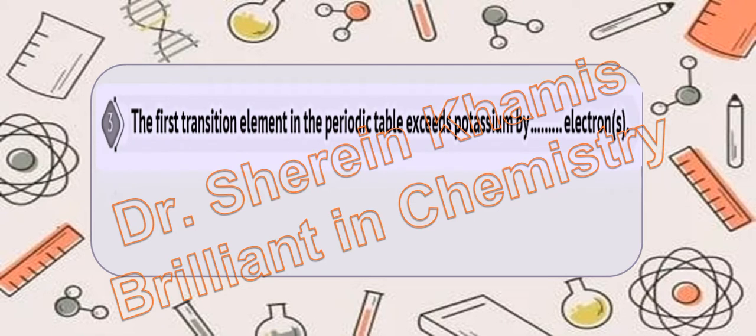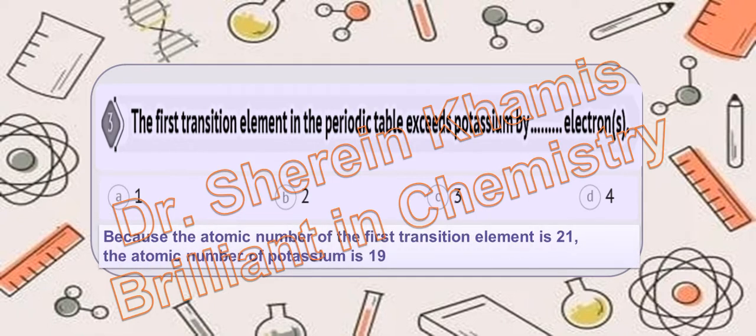Question 3 says: the first transition element in the periodic table exceeds potassium by, and potassium is an element with atomic number 19. Let's discuss our choices: 1, 2, 3 and 4 electrons. We know potassium's atomic number is 19, but the first element in the transition elements starts with atomic number 21.